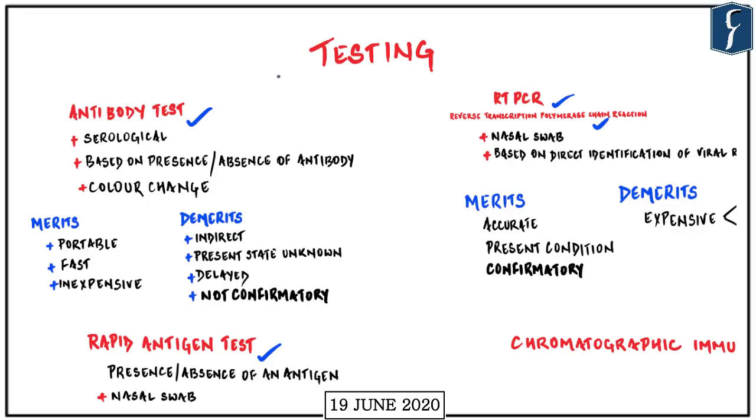So first, let us discuss the tests which we have been using for many years, and these are the antibody test and RT-PCR. Now you need to understand that when a body is exposed to some infection like virus or bacteria, two kinds of things simultaneously exist in the body while infection is there.